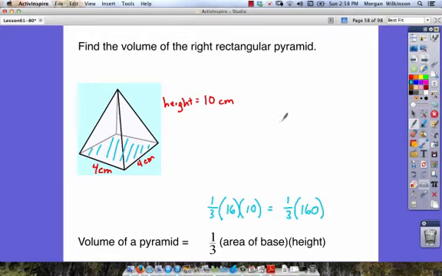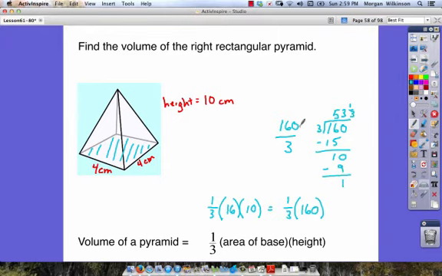That's the same as saying 160 over 3, which is 160 divided by 3, and we can solve. 3 goes into 16 5 times. That gives us 15, with 10 left over. 3 goes into 10 3 times, so we have 9. We've got a remainder of 1. So we've got 53 and 1/3.